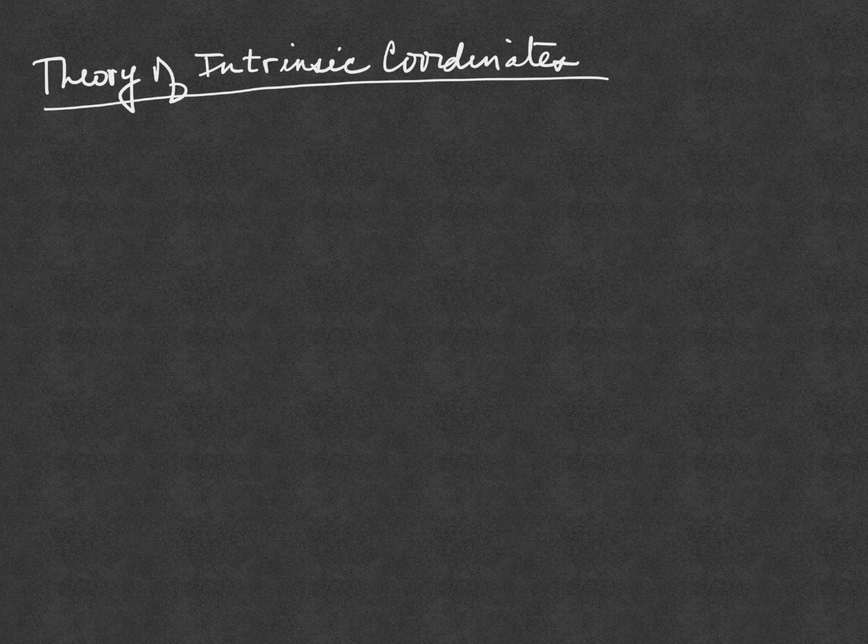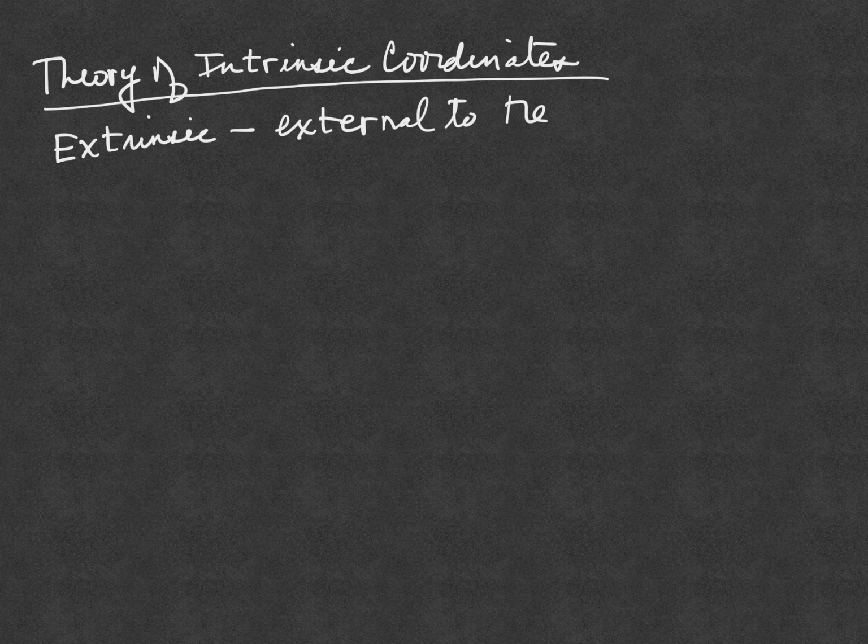Now, to get started, before we get into the details, it's important to understand that intrinsic coordinates differ from other coordinate systems in that other coordinate systems are extrinsic. What that means is that they are external to the motion. So, in a typical extrinsic coordinate system, the coordinates are used to describe the motion, but they're not actually part of the motion themselves.